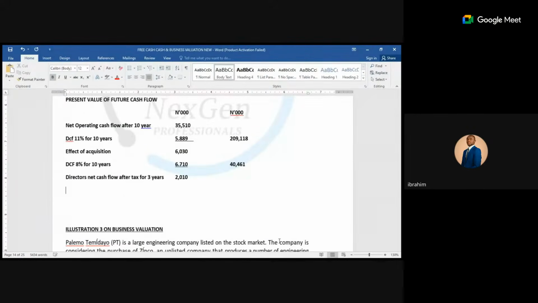Because it is a money term, it is not expected to increase. It's a money term, right? So 11% for 3 years, right? What do we have? 2.444.